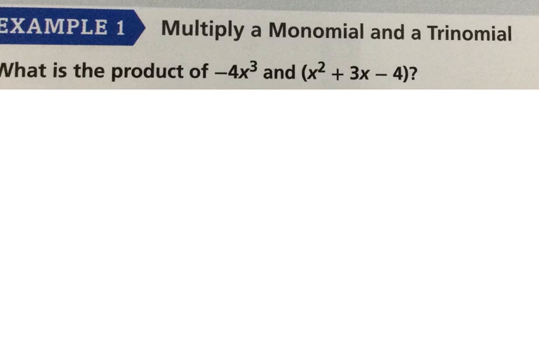Okay, so what's a product? The answer to a multiplication problem. So if this asks me for the product of a monomial times a trinomial, I'm going to have to multiply the monomial by the trinomial.